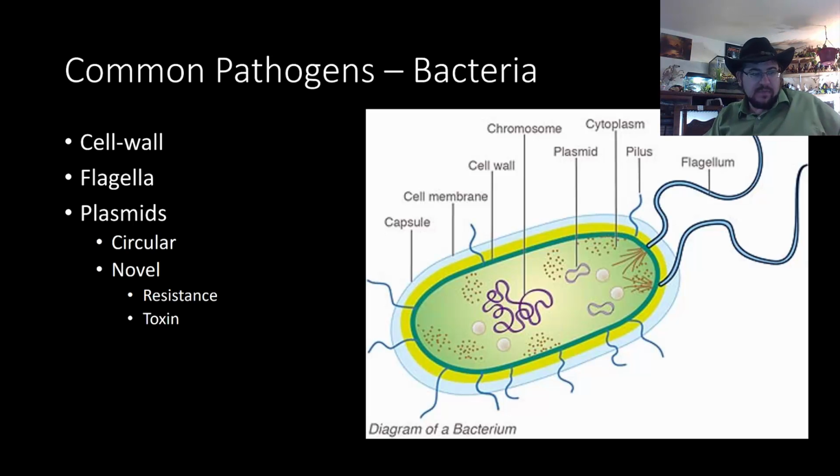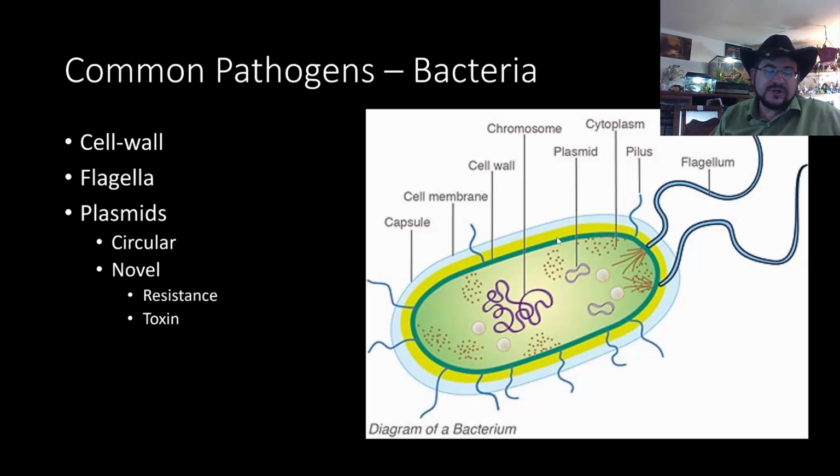E. coli pathogen O157. Let's see if that's right. Oh, O157:H7. Damn, memory, you're doing me right. Okay, so that is an E. coli that picked up a toxin gene, and I believe it's on the plasmid.